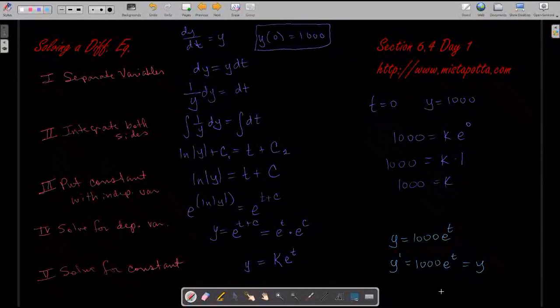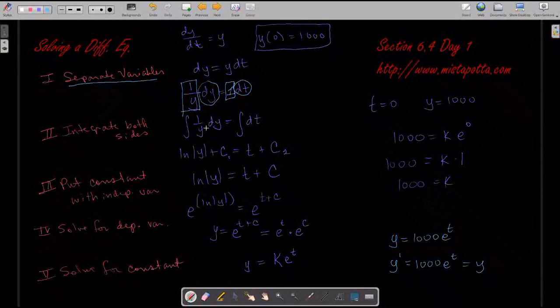The very first thing that I had to do was to separate my variables. And so instead of having dy dt, I had a differential dy and everything dealing with y on one side, and a differential dt and everything dealing with t on the other side.